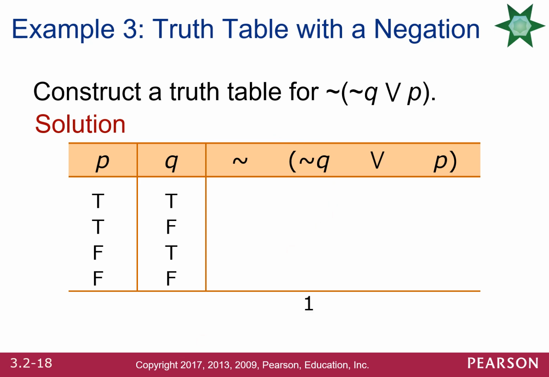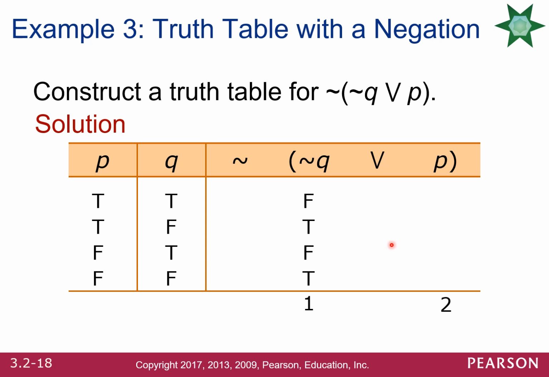Yes, this is step one, and then they go one by one. The true is changed to false, the false is changed to true, the true is changed to false, and the false is changed to true. And then in the next step, it should be the true and false values related to P, which is just copying whatever we have in the first column.